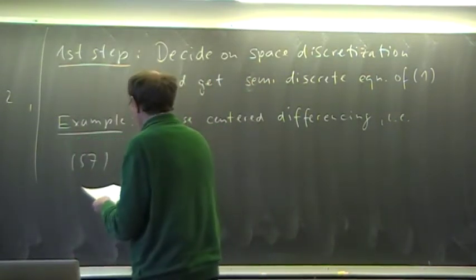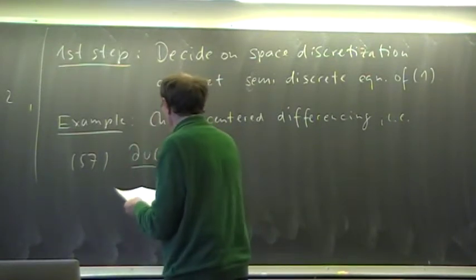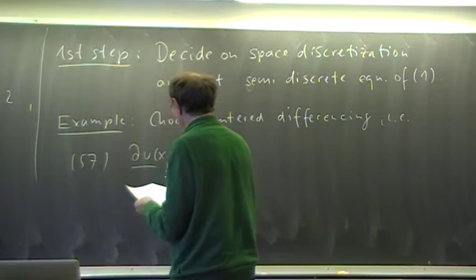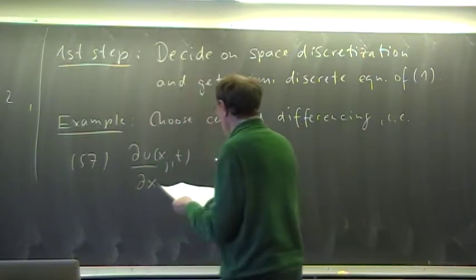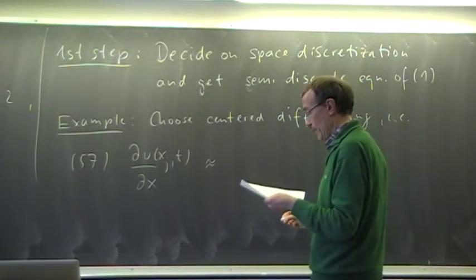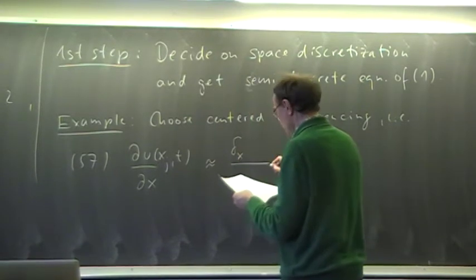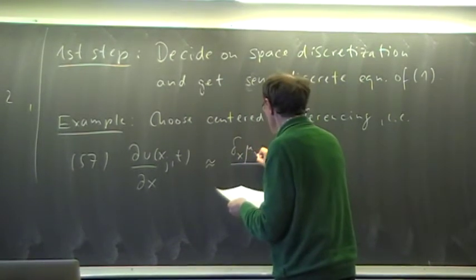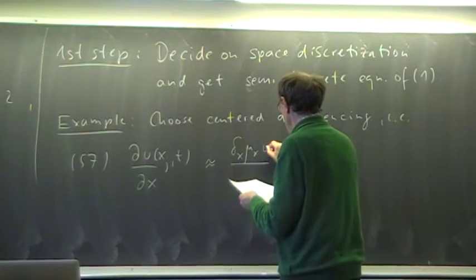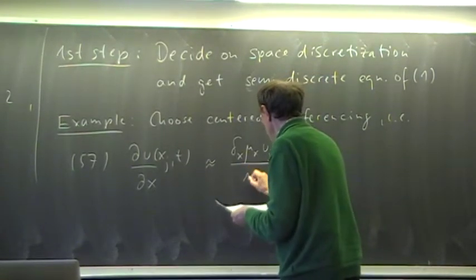We approximate the space derivative at grid point x_j at a time t by, if we use the operators that we introduced in the beginning in chapter 3, this difference operator, this averaging operator, operating on u_j of t, divided by delta x.